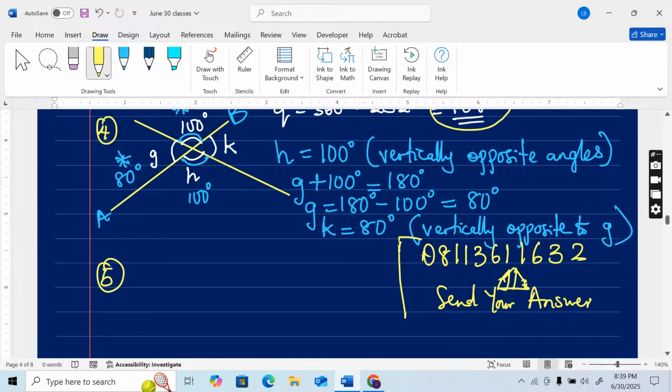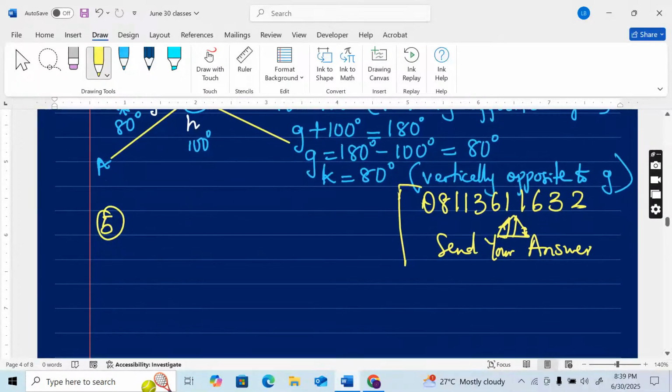All right, next question, that's question 5. I have another X diagram.